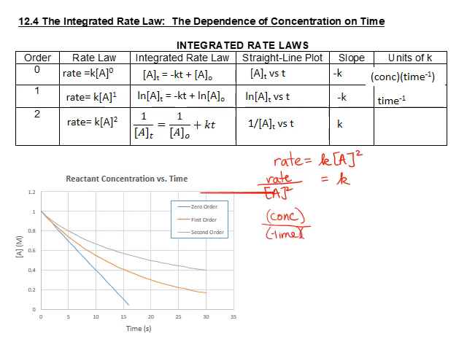But the concentration of A squared has to go in as well, into the denominator. Canceling one of the concentrations gives the units of k of inverse time, inverse concentration.